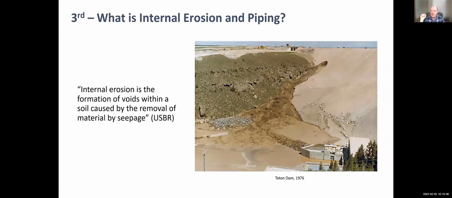It'll go in a matter of hours. That pipe expanded through, it collapsed right to the crest of the dam, and the whole reservoir went down the valley. And this one, unfortunately, caused loss of life. And it's a kind of a classic case example of internal erosion causing a pipe, then causing a breach of a dam.